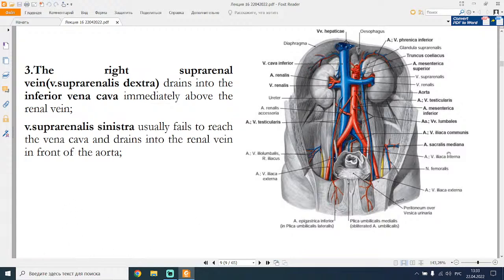The right suprarenal vein, vena suprarenalis dextra, drains into the inferior vena cava immediately above the renal vein.